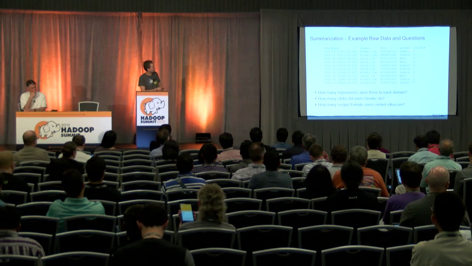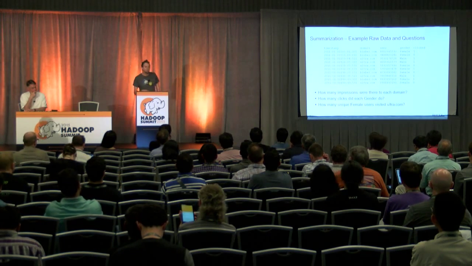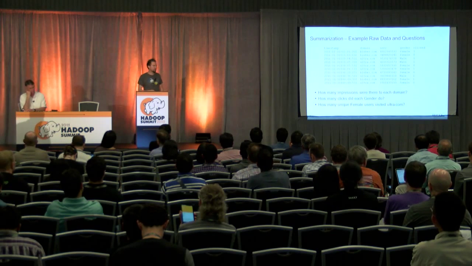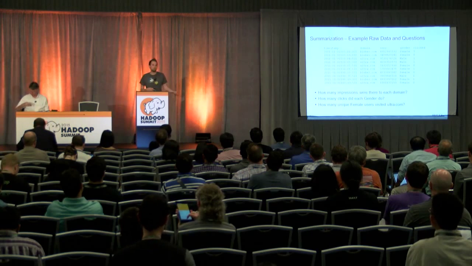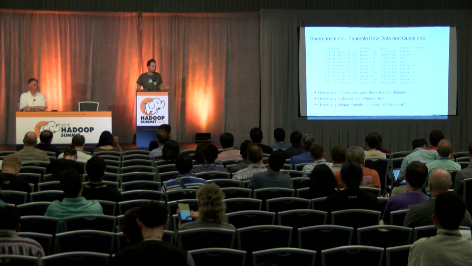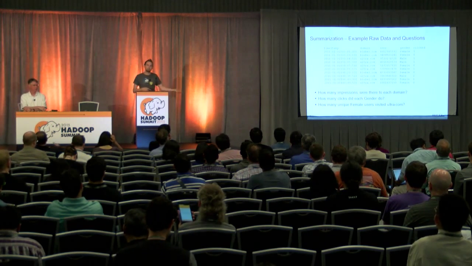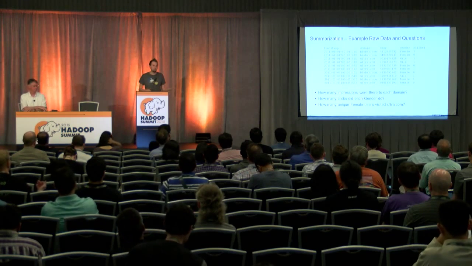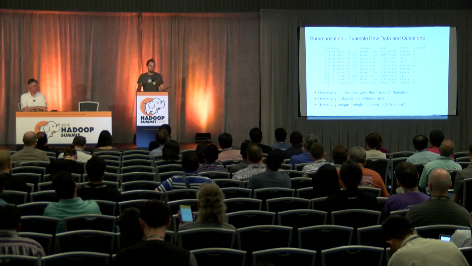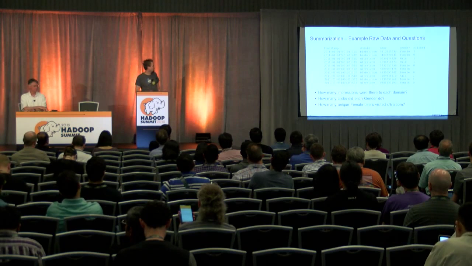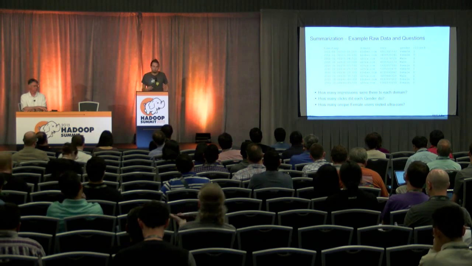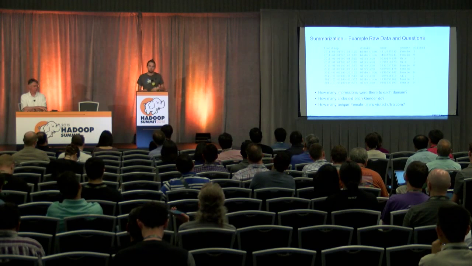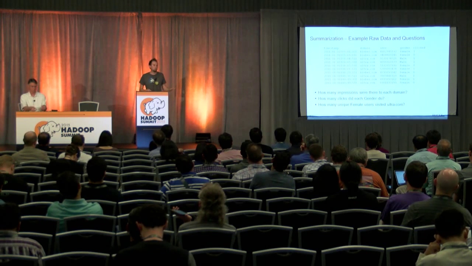Some questions we might ask: how many impressions happened on each domain? Which domains are the top? Which are the lowest? Do we have more females than males? What's the demographic breakdown of a specific domain? Or even, on this domain, how many unique female users were there? These are all very interesting questions for ad targeting, for understanding who your users are, and for understanding who's getting value out of your website.